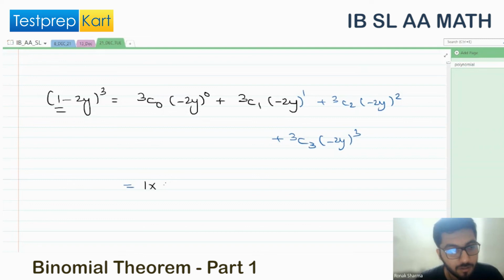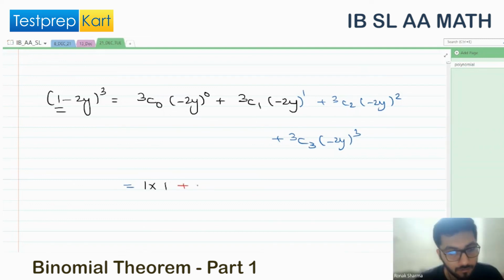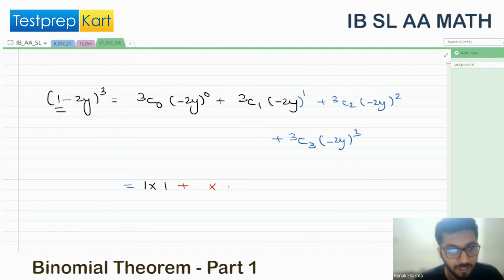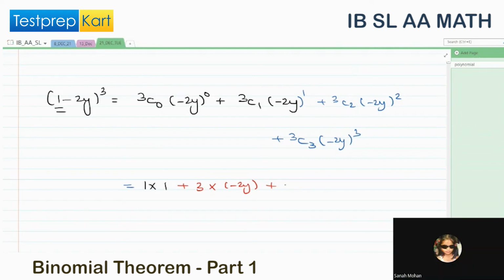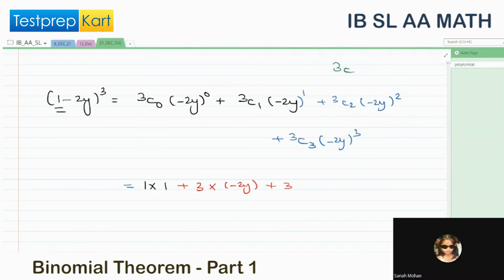Minus 2y power 0 will also be 1. 3c1 will be 3. Good. Minus 2y power 1 will be minus 2y. 3c2 will be 3. And then I did the times minus 2y.